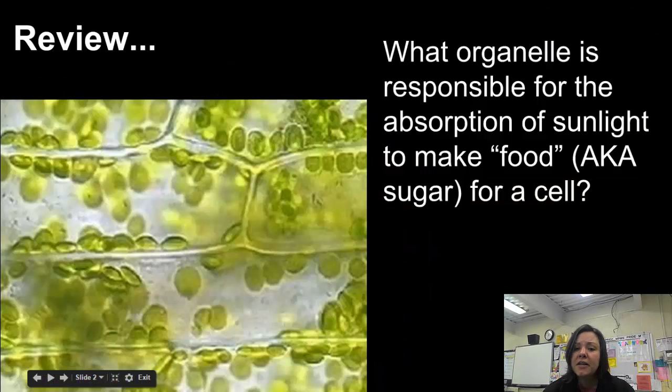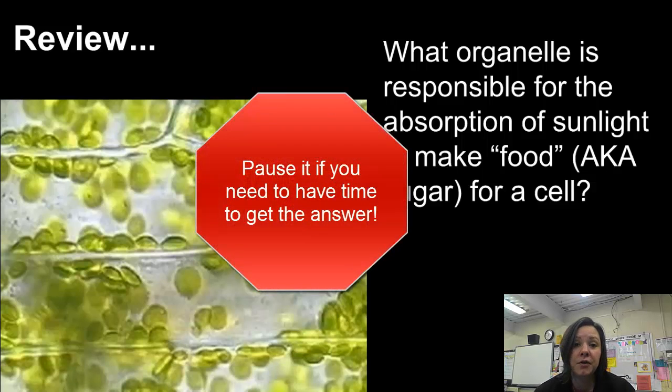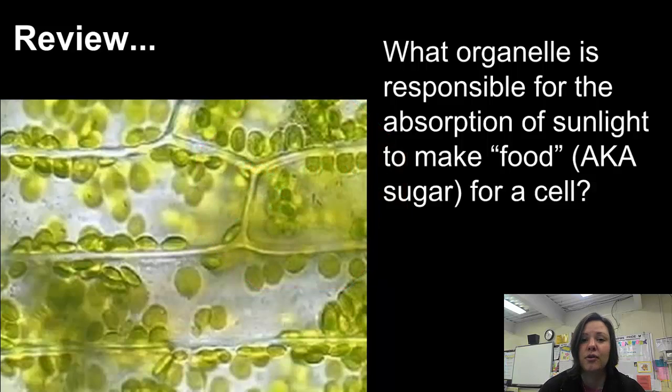All right, before we actually get started, we need to review a little. Think back about an organelle that we've studied before. What organelle is responsible for absorption of sunlight to make food, or in this case, sugar for a cell? If you guessed that it's a chloroplast, you're correct. We're going to be talking about chloroplasts a lot today because that's where photosynthesis occurs.